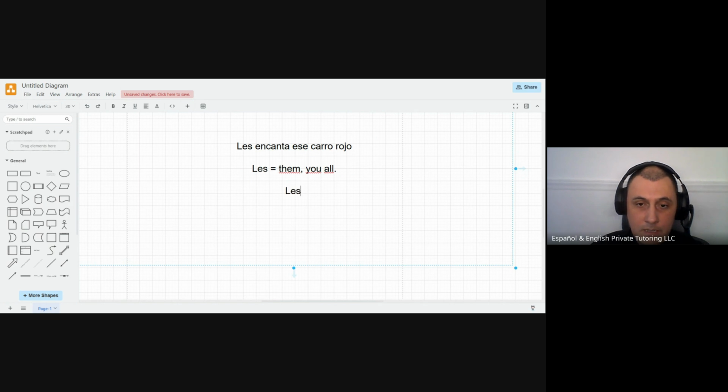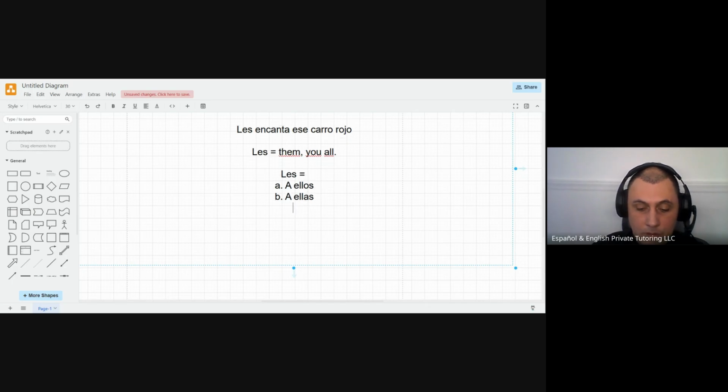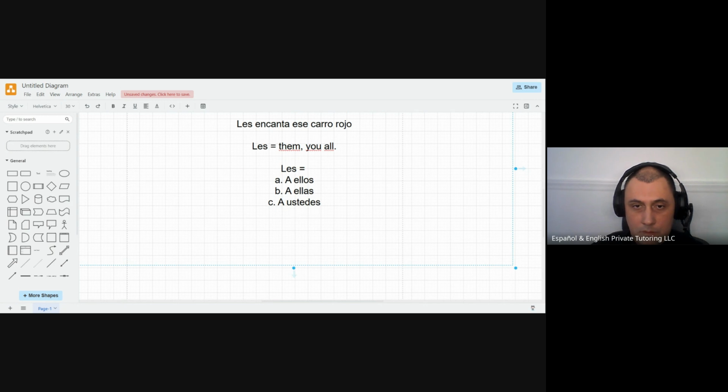So les in Spanish can refer to the following indirect object pronouns: a ellos, a ellas, and it can refer to a ustedes, and it can refer to things.